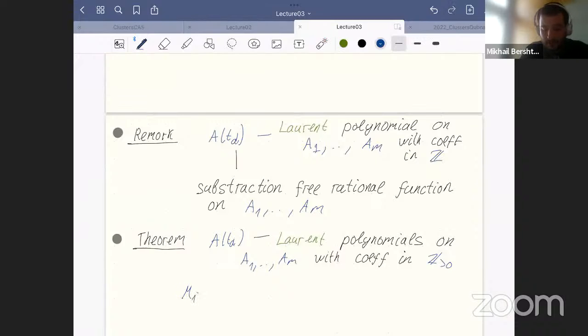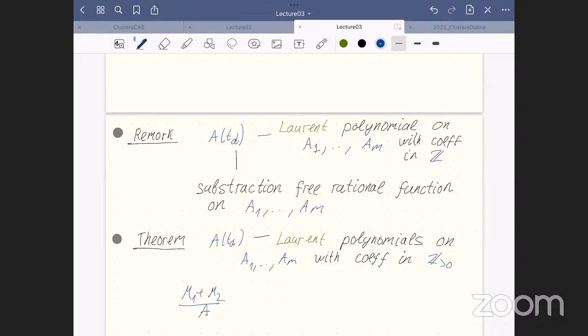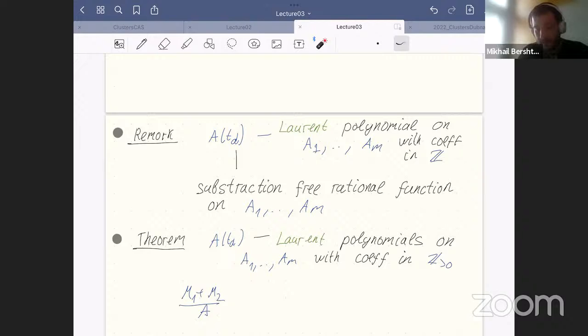Both monomials are subtraction-free. So I thought minus just cannot appear. Yes, this is how you explain that these are subtraction-free rational functions, not Laurent polynomials, rational functions. Why will it be a subtraction-free Laurent polynomial?